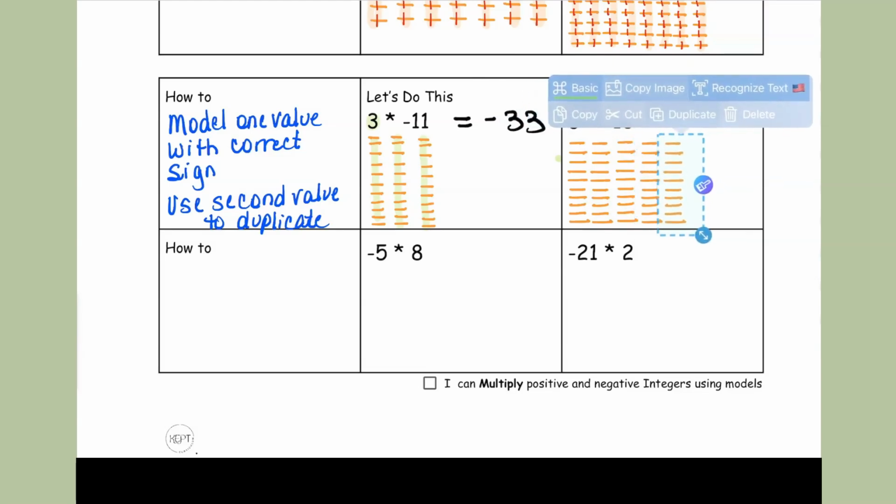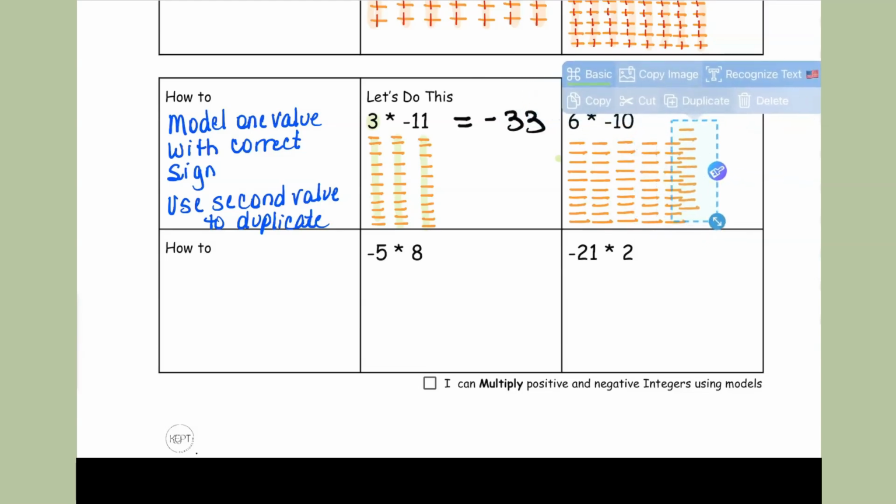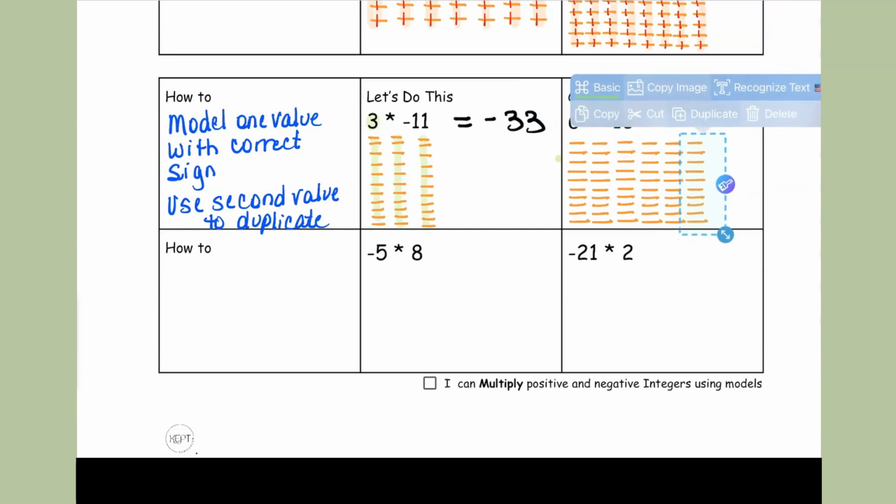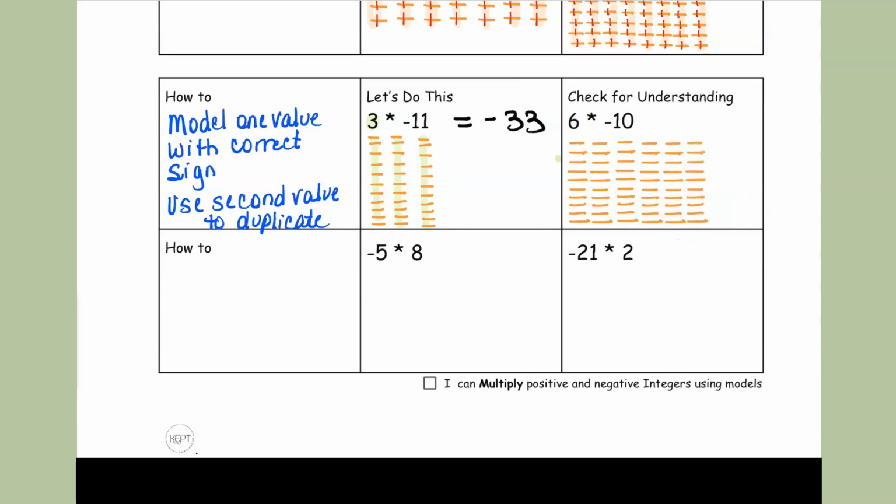Here's 4, 5, and one more makes 6. So if I had 10 negatives and I had 10 negatives 6 times, that would give me a total of 60 negatives. 10 negatives grouped into 6 different groups would still give me a total of -60.